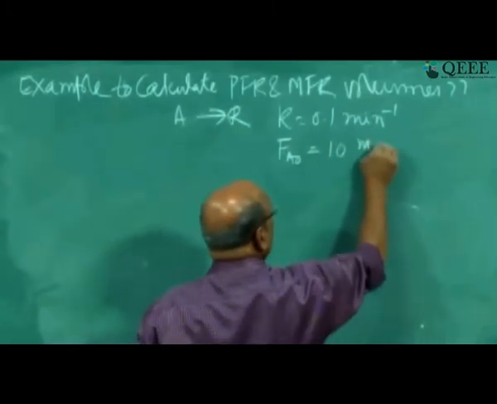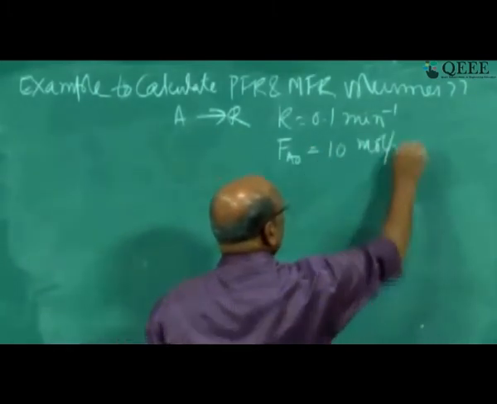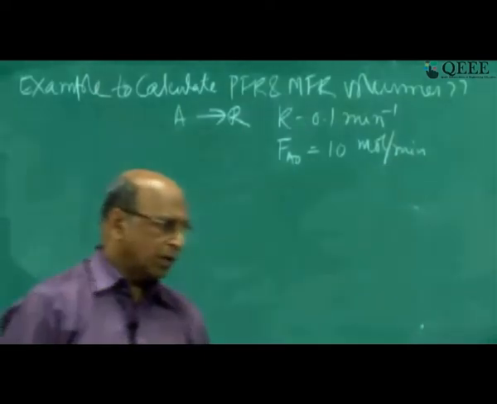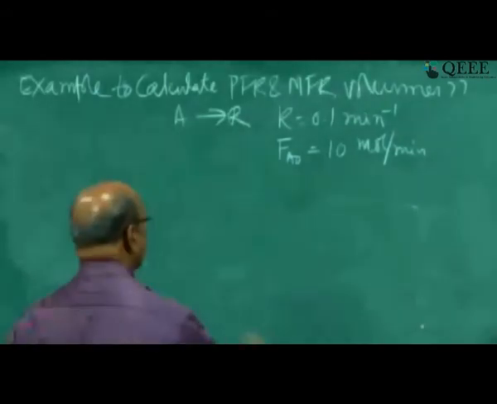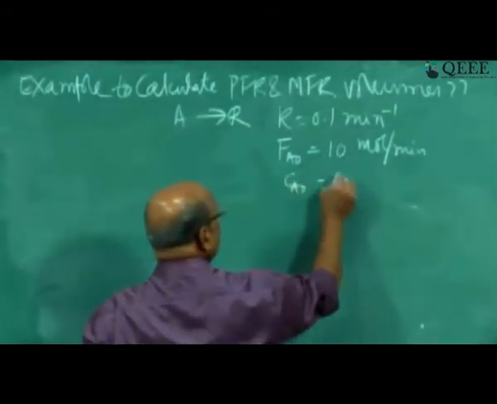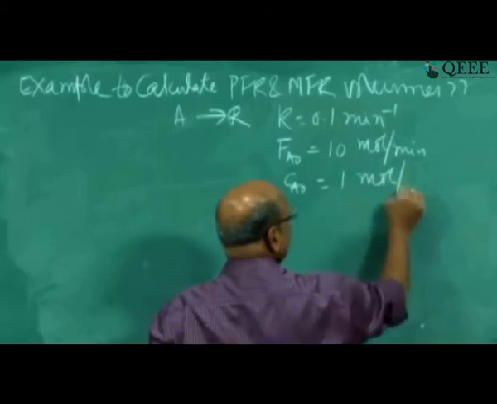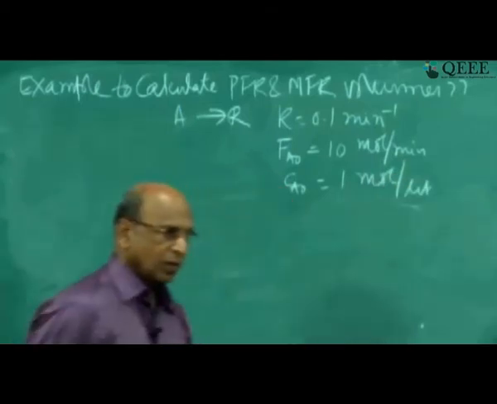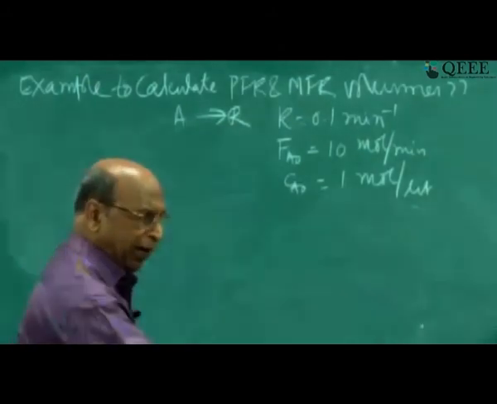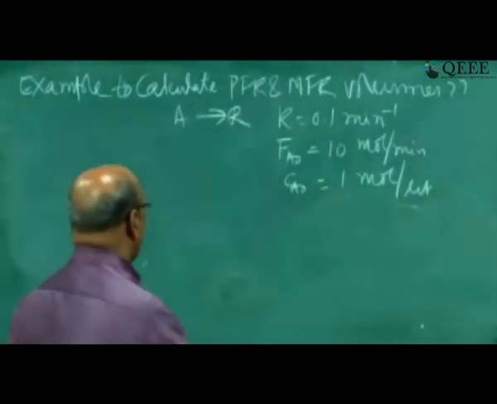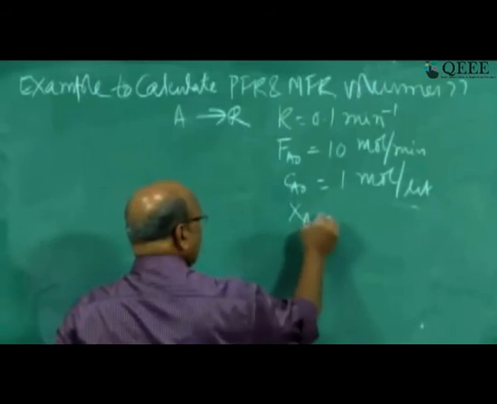This is 10 moles per minute. Good. That is FA0. And with an inlet concentration CA0, which is nothing but 1 mole per liter. Yeah. We have to find out what is the volume of plug flow reactor and mixed flow reactor for a conversion of 90%.